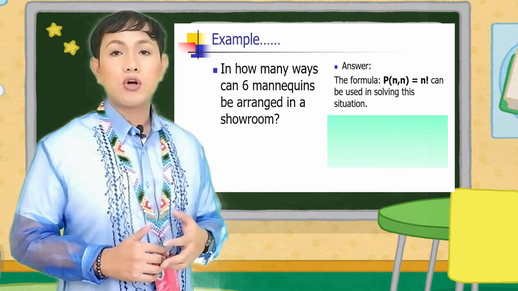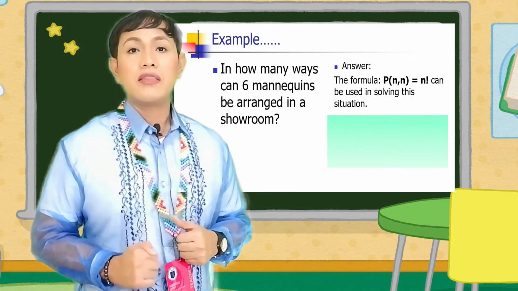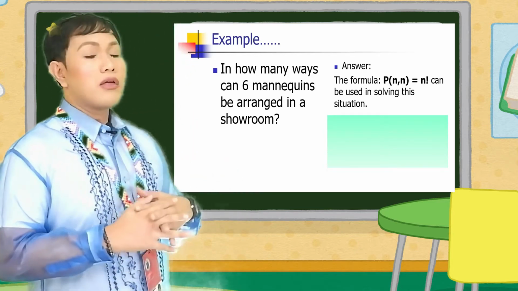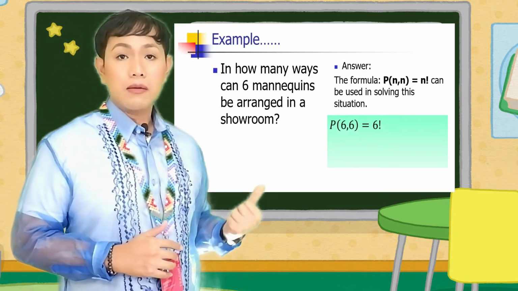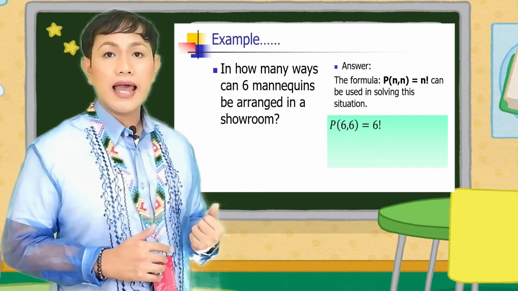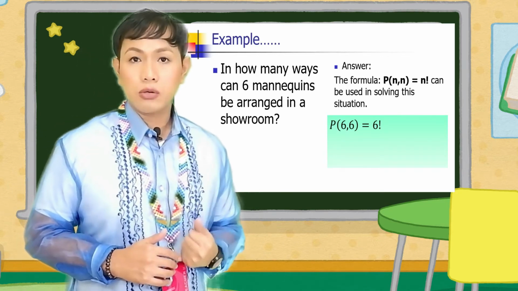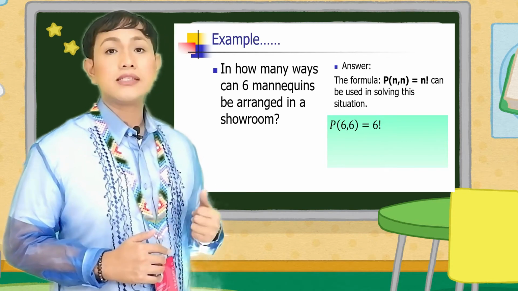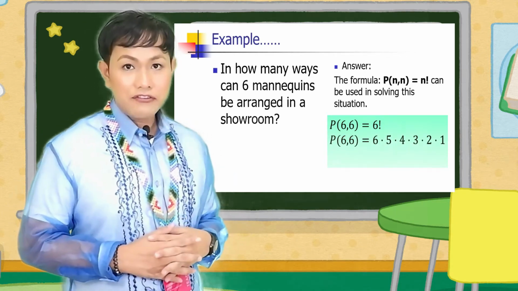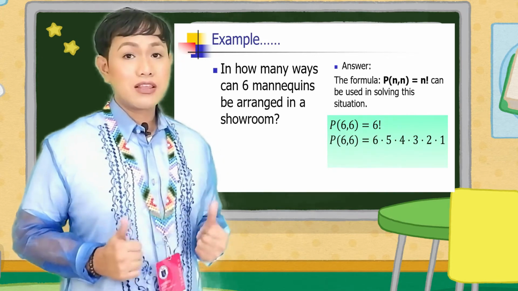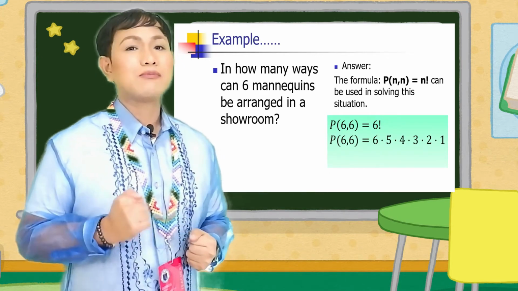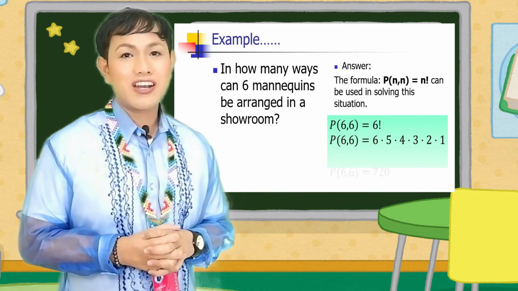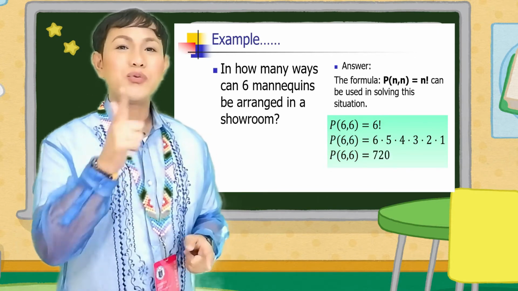This can be used in solving such situation that we just have made mention of. So, the permutation of 6 objects taken 6 at a time is equal to 6 factorial. And we know that for sure, 6 factorial is equal to 6 times 5 times 4 times 3 times 2 times 1. And guess what? The answer is 720. You got it right.